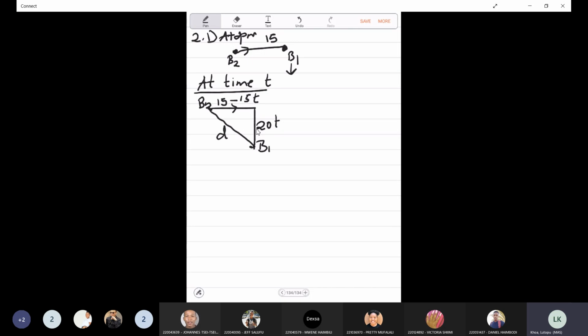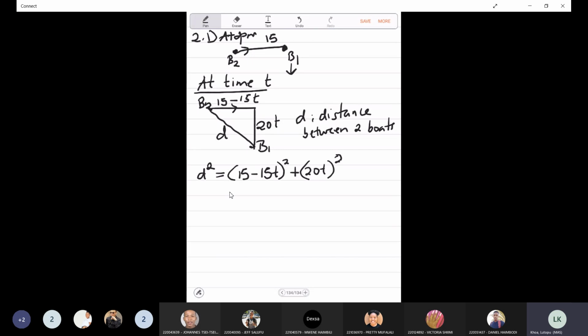That's Pythagoras theorem. We know that d squared is equal to (15 minus 15t) squared plus (20t) squared. So here d is the distance between the 2 boats.